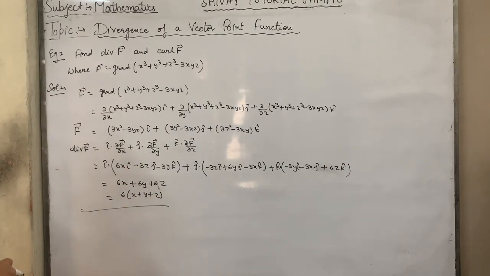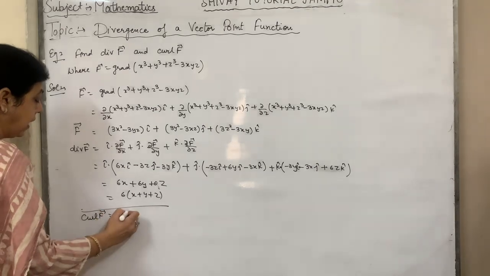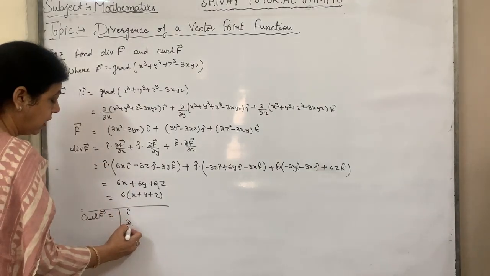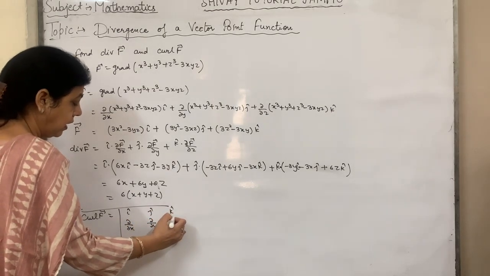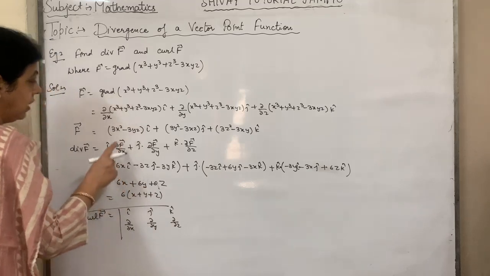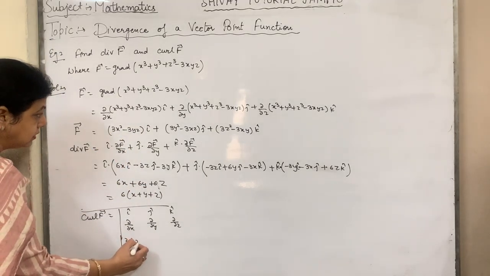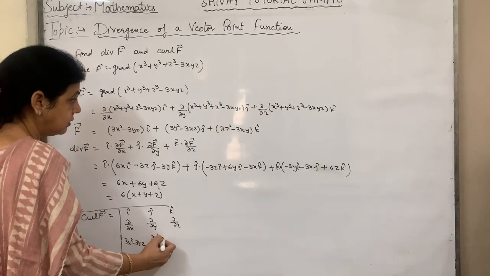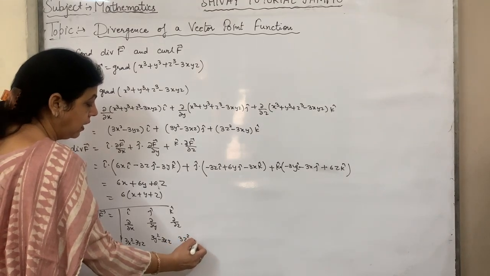Clear? Now, we will find the curl of f. What is curl of f? Curl of f function: i, j, k, ∂/∂x, ∂/∂y, ∂/∂z, with 3x square minus 3yz, 3y square minus 3xz, and 3z square minus 3xy.